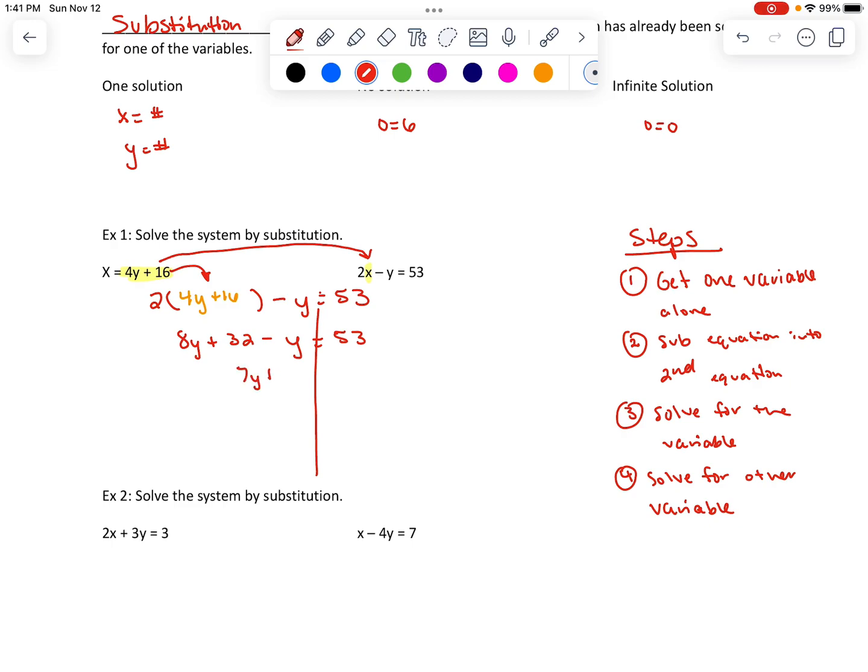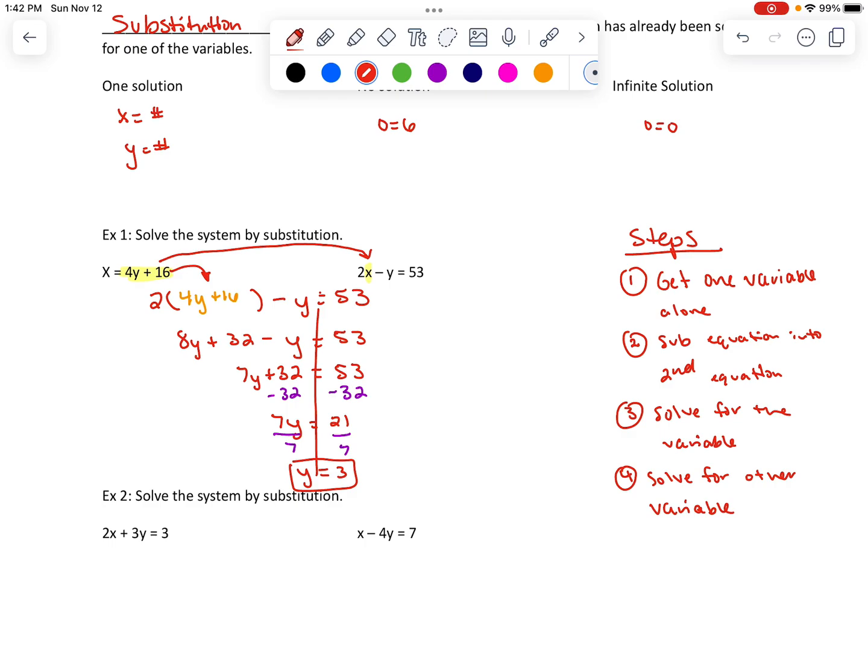So I have 7y plus 32 equals 53. I'm going to subtract the 32. 7y equals 21. And then divide by 7. y equals 3. So I've completed step 1, step 2 and step 3.